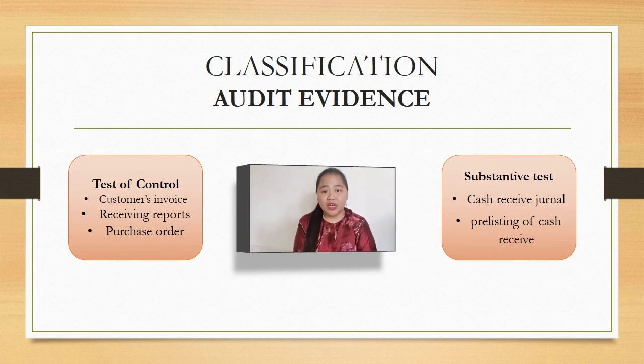Now we go to the audit evidence for the classification assertion. For the tests of control, the audit evidence are customer invoices, receiving reports, and purchase orders, while for the substantive tests, the audit evidence are the cash receipt journal and pre-listing of cash received.